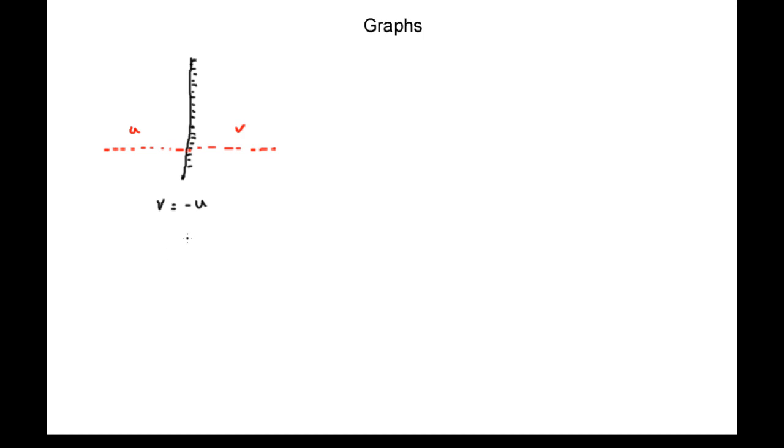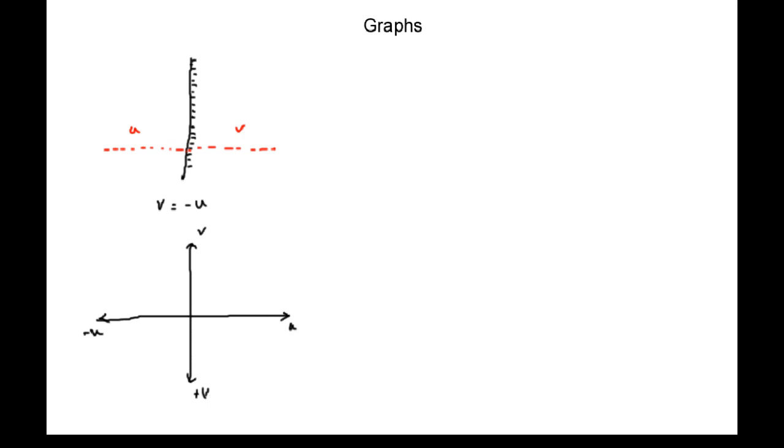So if we plot the u versus v graph, the x-axis is the u, this is minus u, this is v, this is plus v.